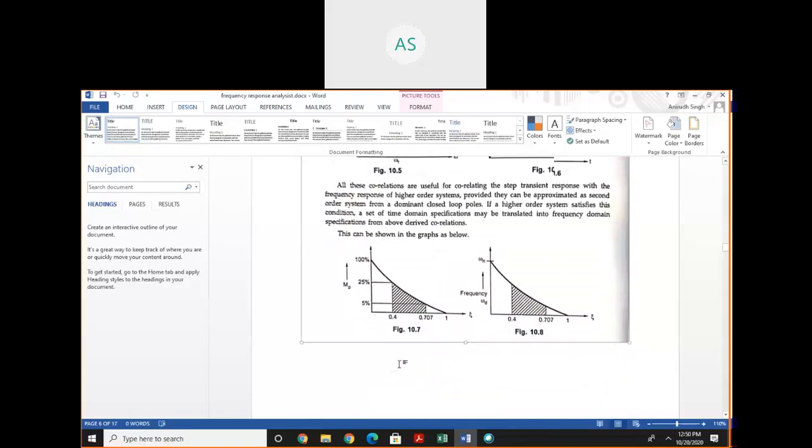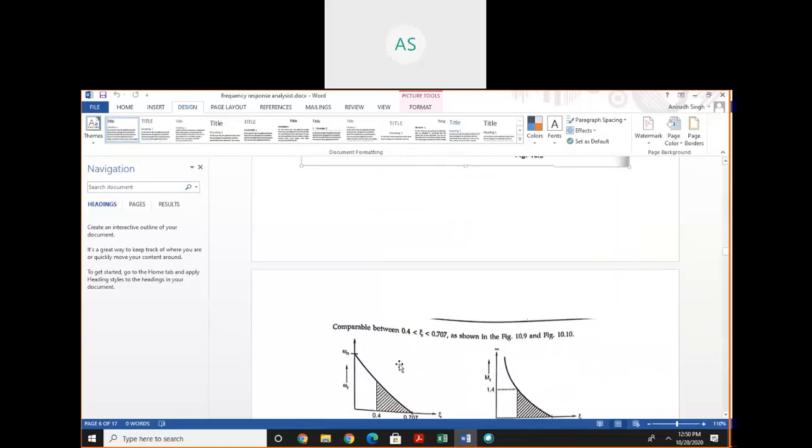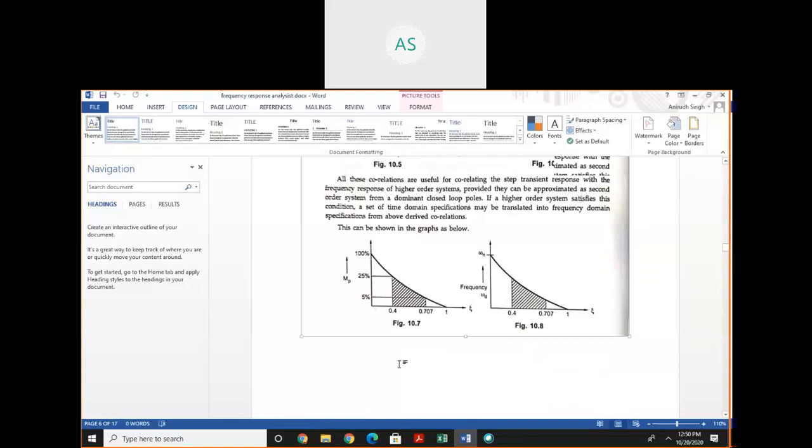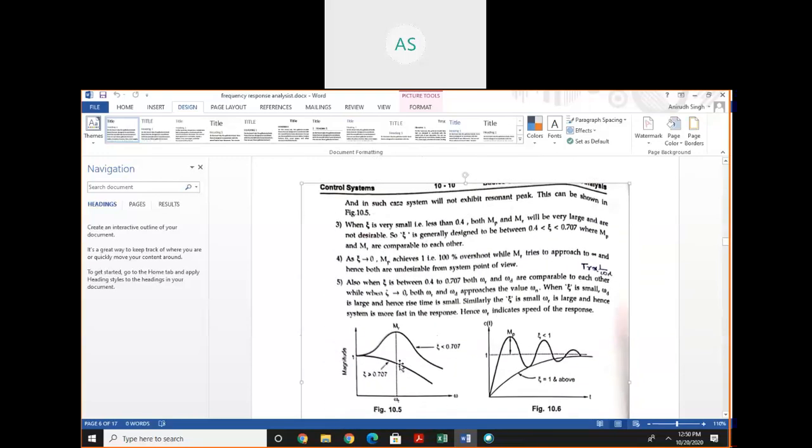Both are undesirable, because 100% overshoot is undesirable, and an infinite value of Mr is undesirable.